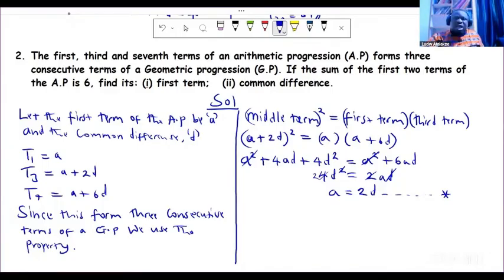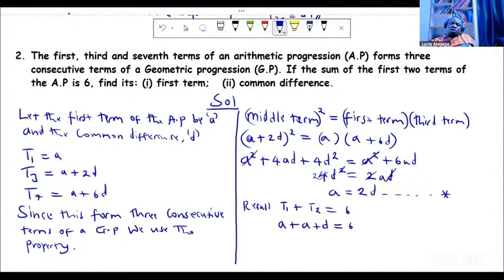Now, recall that if the sum of the first two terms is 6, T1 plus T2 is 6. T1 is A, T2 is A plus D, to be 6. And our A is 2D.